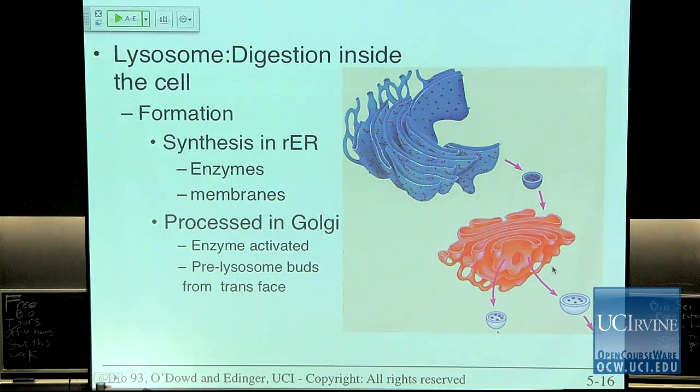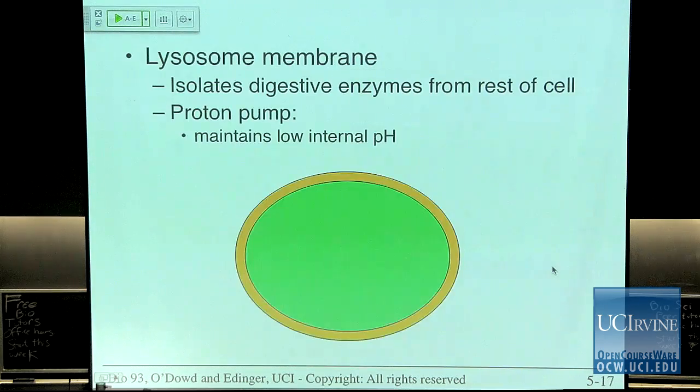And there are a couple of additional modifications that occur before it becomes a fully functioning lysosome. Okay, what we want to look at here, the last thing, is the lysosome membrane. It isolates the digestive enzymes from the rest of the cell. And they have proton pumps, which must have been made in the rough ER because they're in a membrane.